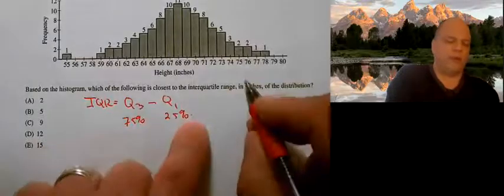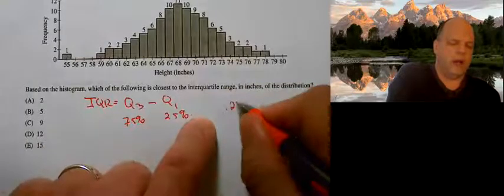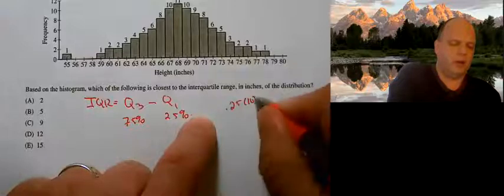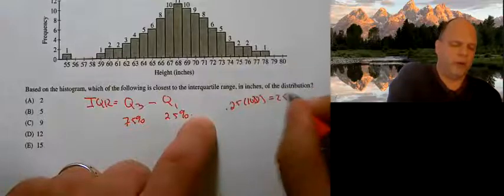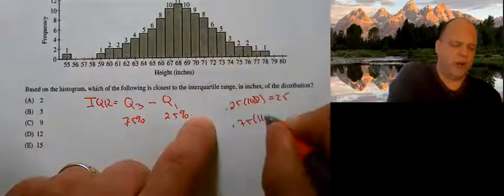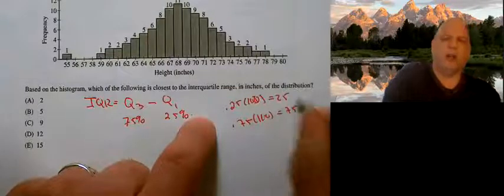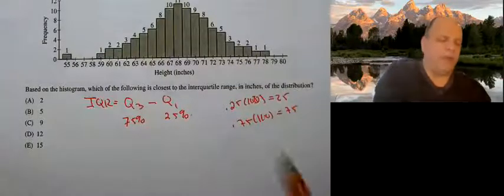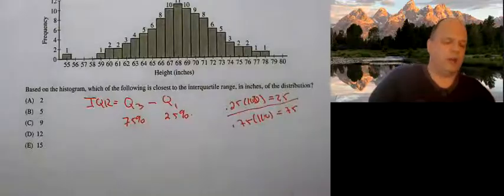And we have 0.25 of 100 equals 25, 0.75 of 100 equals 75. So I need to find where the 25th person is, and that'll give me Q1.